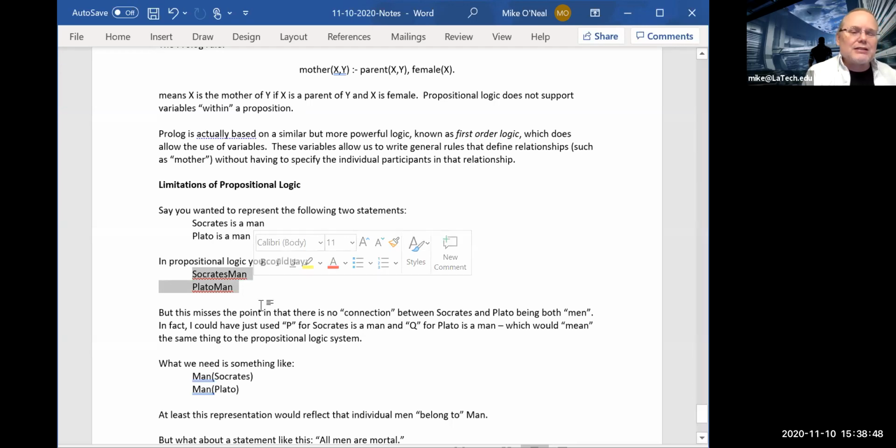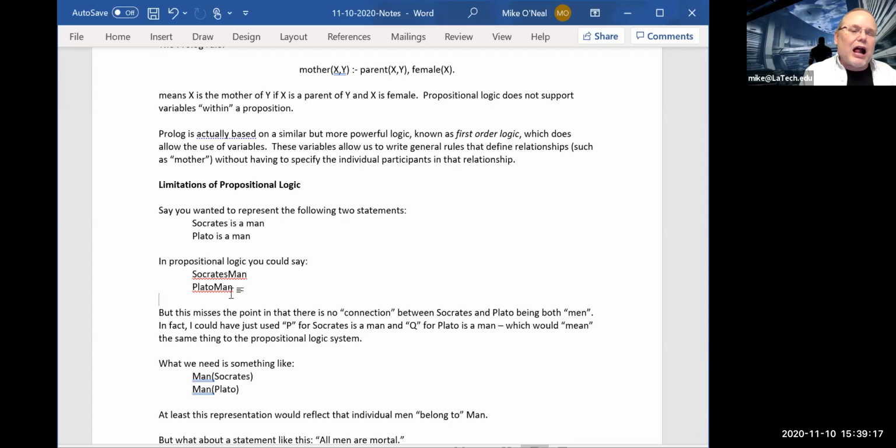You've showed me how. I could say something like Socrates man or Plato man, right? I can use a variable for this statement and a variable for this statement, and everything is fine. And that is true. If I wanted Socrates is a man to be true, and Plato is a man to be true, I could encode each of these statements in a propositional logic expression in a variable.